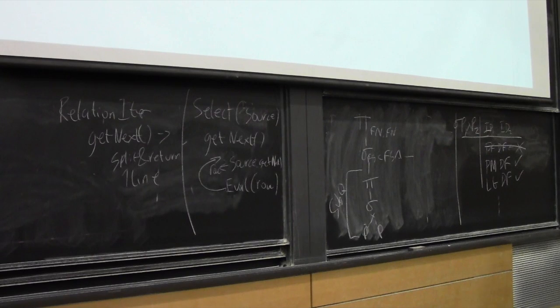Now, the outer query has two markers that indicate that it is an aggregate query. The first one, there's an aggregate function, count, and the second one, there's a group by columns.